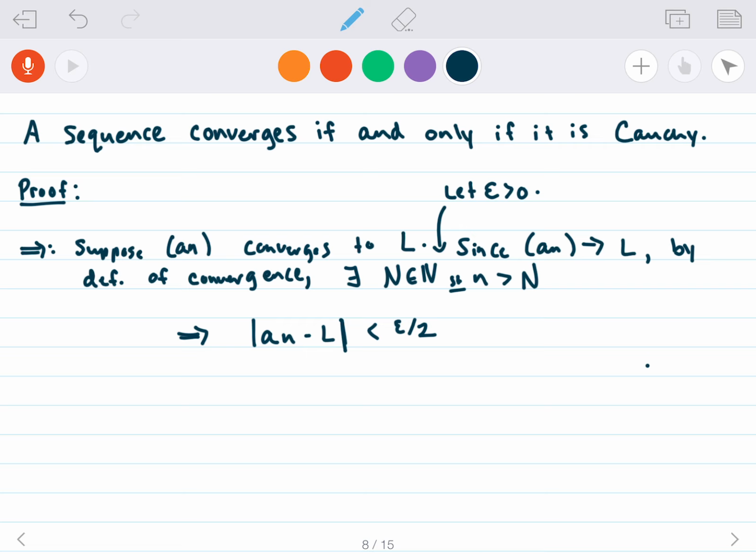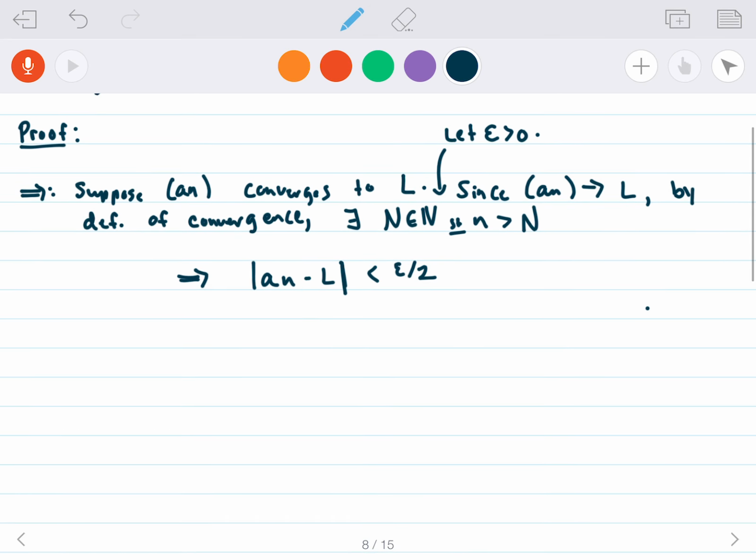Okay, so we know this. All right, and so we want to prove that this is Cauchy, so we're going to suppose that n and m are bigger than capital N. Well, what does this imply?